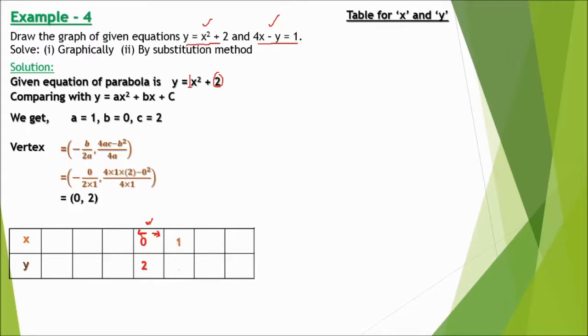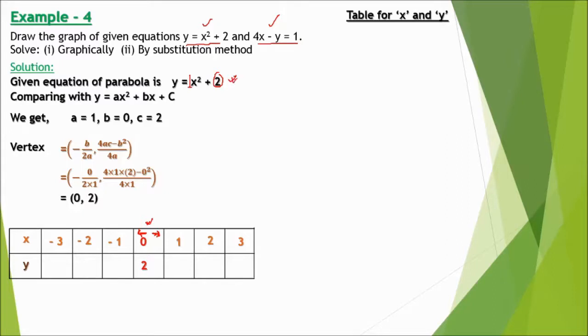Greater than 0 is 1, and you can take the help of a number line: 2 and 3. On the lesser side, minus 1, minus 2, minus 3.